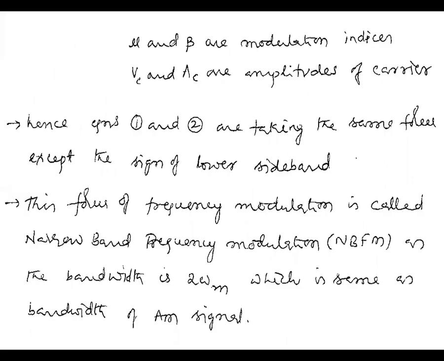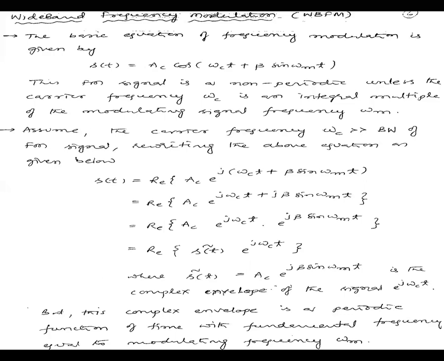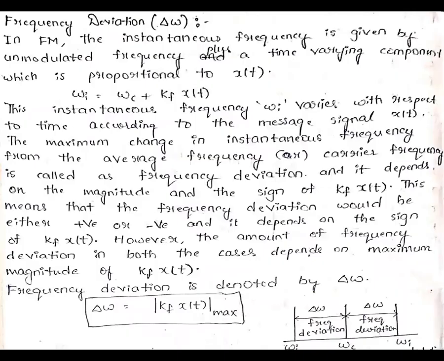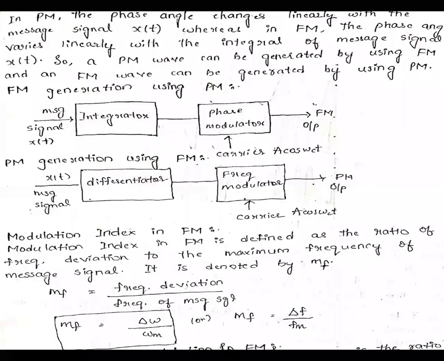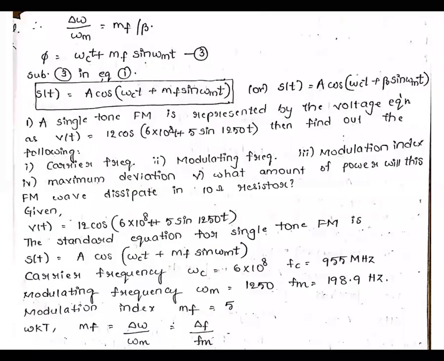Okay, now in the previous class also there were some problems. One problem is there. A single tone FM is represented by the voltage equation v of t equal to 12 cos of 6 into 10 to the power 8 t plus 5 sin 1250 t.